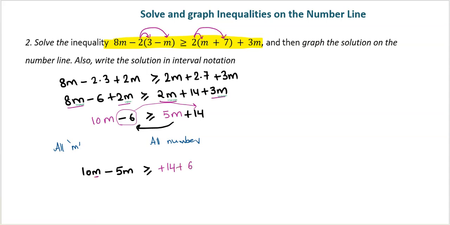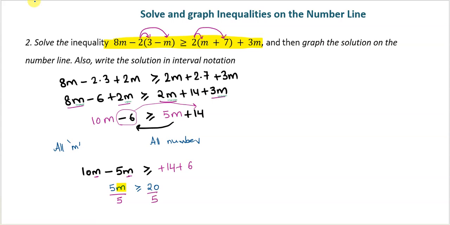Now since both these terms contain m, you can subtract them. 10 minus 5 gives you 5m greater than or equal to. Both are positive, so you are going to add them. 14 plus 6, 20. Now, you need the value of m. So what are you going to do? You are going to divide by 5, the coefficient of m.